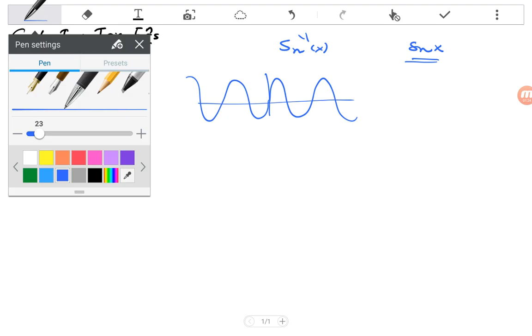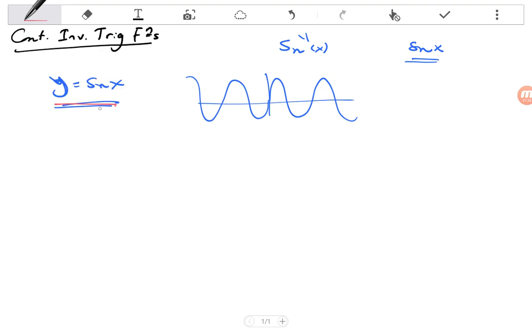Do you remember what the restricted domain of sine x was, such that it becomes a one-to-one function? Can you remember? It was from minus pi over 2 to pi over 2. So that red function is called the restricted sine, and that is different from the natural sine.